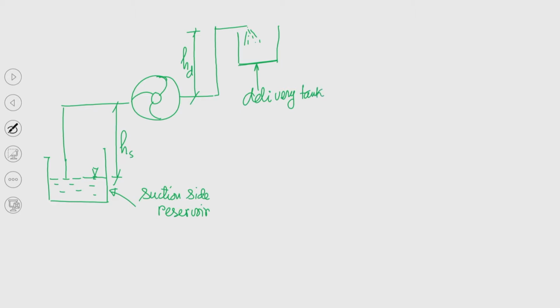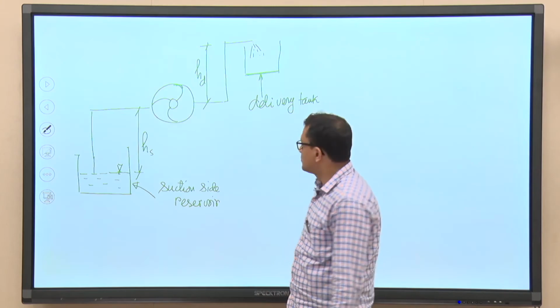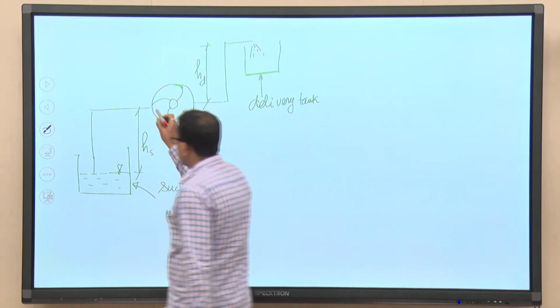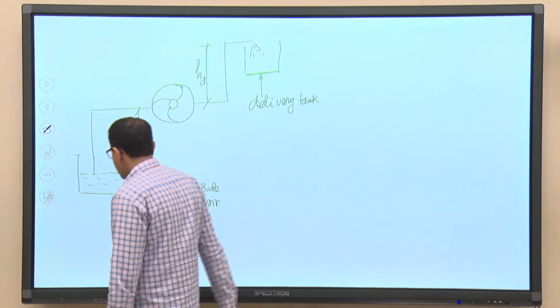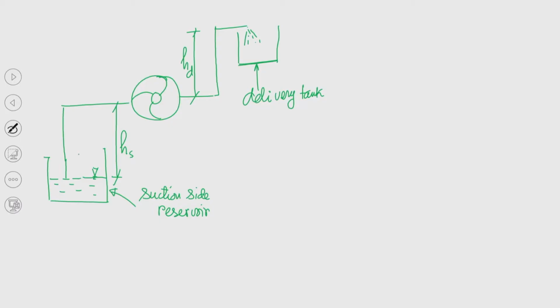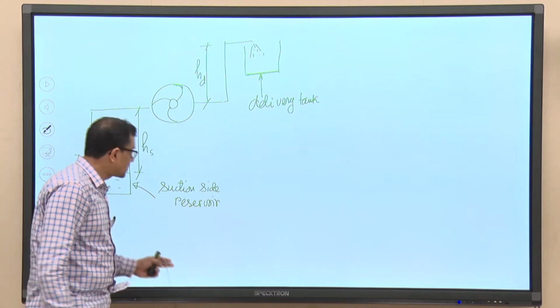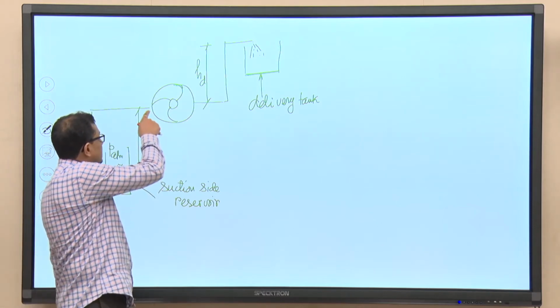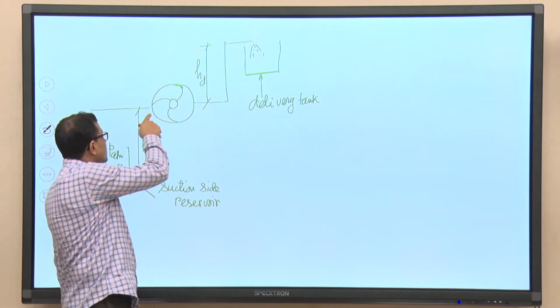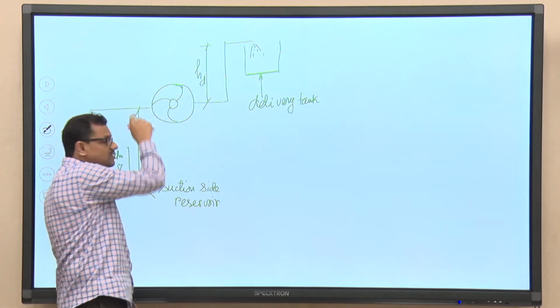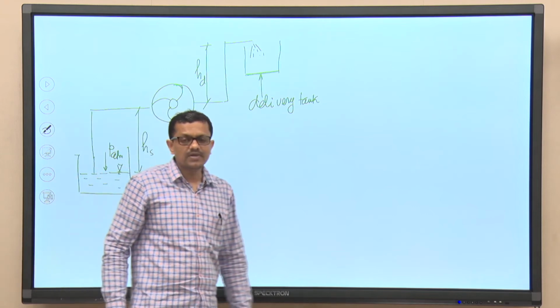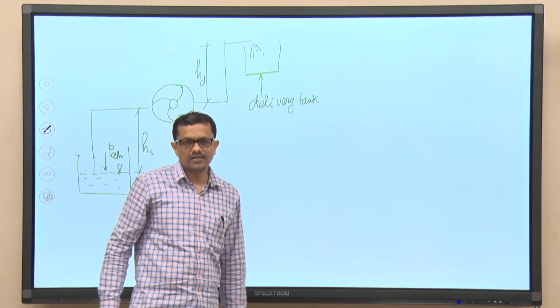Okay. Now, we have discussed many times that up to the suction side of the pump, it is mainly P atmospheric which is acting on the liquid surface of the suction reservoir. We have discussed that until the liquid reaches the inlet to the pump, there is no addition of energy to the fluid.